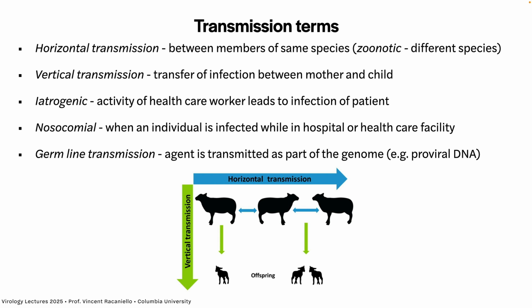If they were different species, if a sheep were infecting a cow, that would be a zoonotic infection. So zoo, the word for animal, that's from different species. So when we got SARS-CoV-2 from an animal, that was a zoonotic infection.